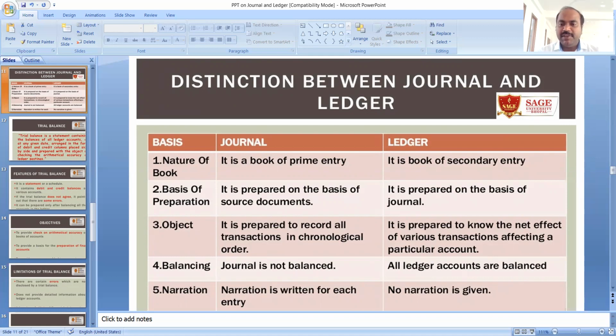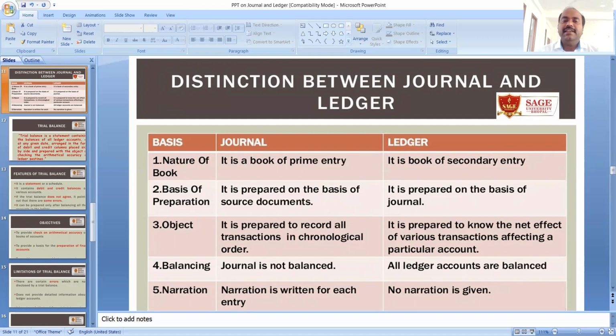So with this, we come to the end of the video, and I hope everyone has understood. Let me repeat the basic differences once again. The journal is the book of primary entry and the ledger is the book of secondary entry.